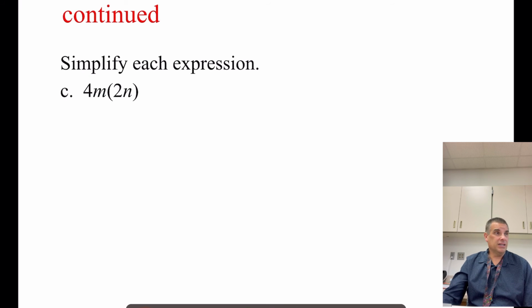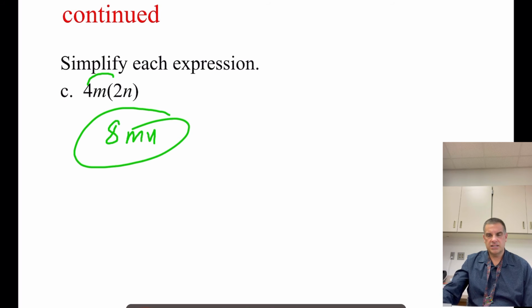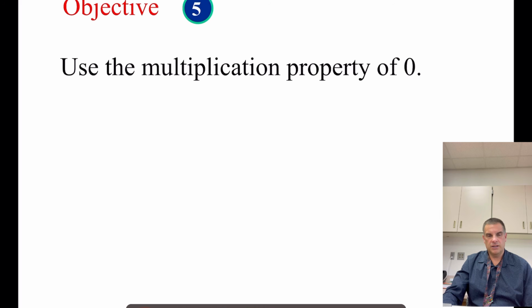When you're multiplying and simplifying expressions, multiply the numbers together, multiply the bases together. So 4 times 2 is 8mn. We can't combine them, so it's just 8mn. You've done these before. This isn't really anything new. A couple things with the multiplication property of 0, and I think this kind of finishes it up.